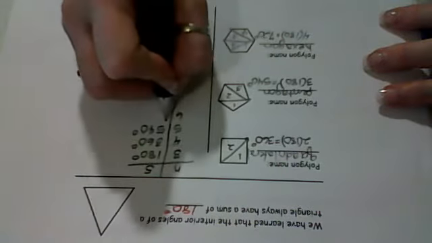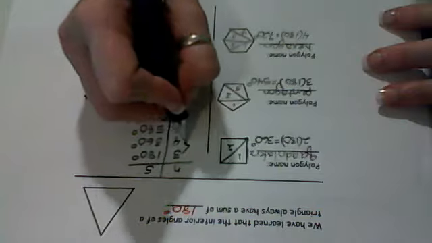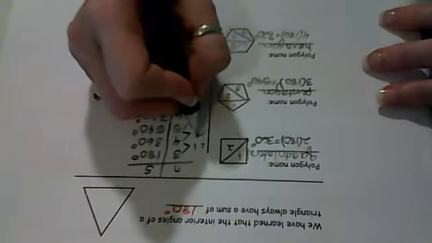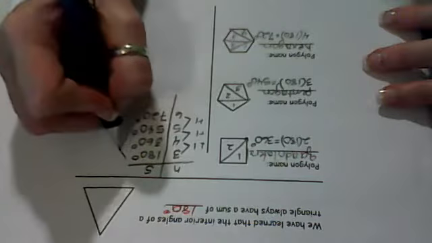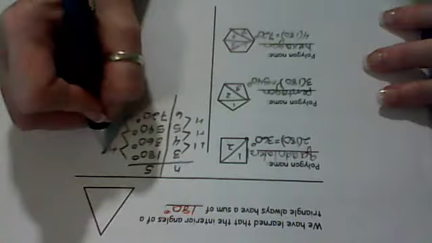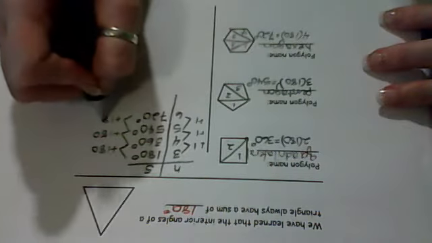And 6, I have 720 degrees. So I find my rate of change, and my rate of change in sides is 1, and my rate of change in the number of degrees is 180. And since it's a constant change, I know that it's a linear function.